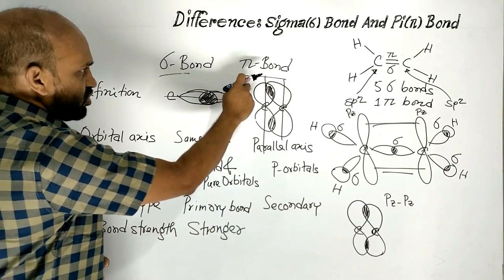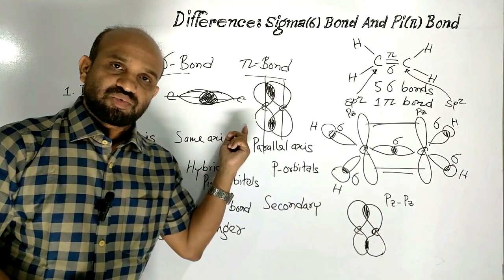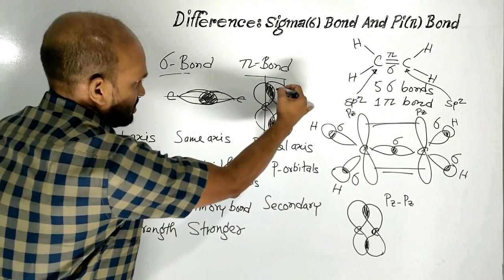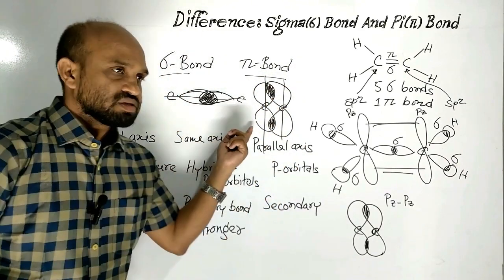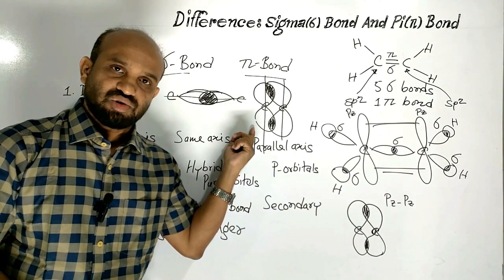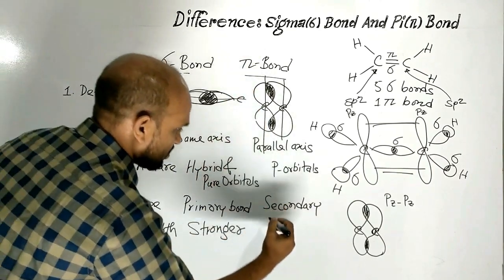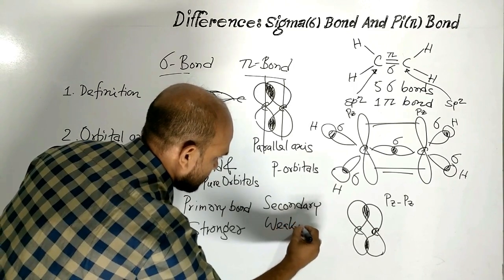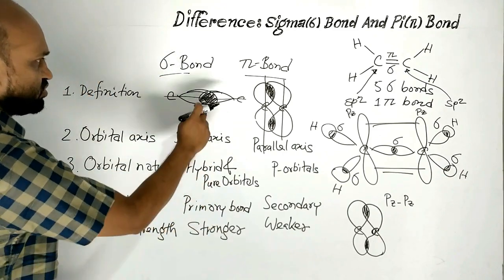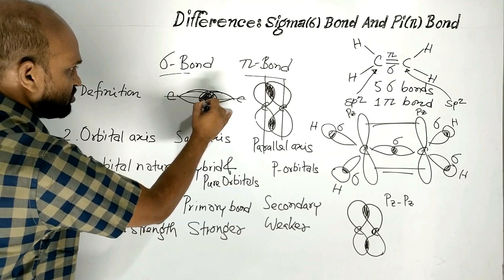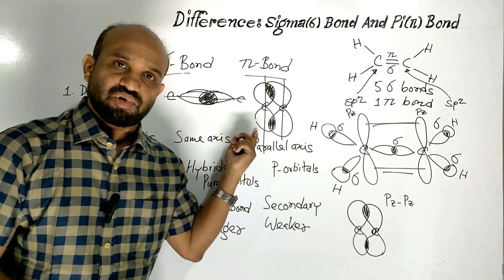But in case of pi bond, when unhybridized orbitals overlap to form pi bond, the amount of overlap is minimum because sidewise overlap occurs. That is why pi bond becomes weaker. So for bond strength, sigma bond is stronger because of the head-to-head, maximum overlap, but pi bond is weaker because minimum overlap occurs.